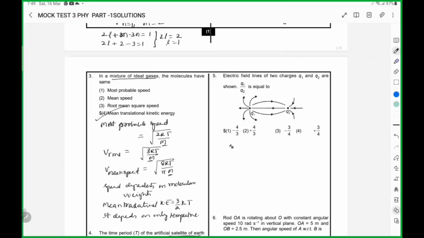Here, the number of electric field lines going out of a charge is directly proportional to the magnitude of charge.